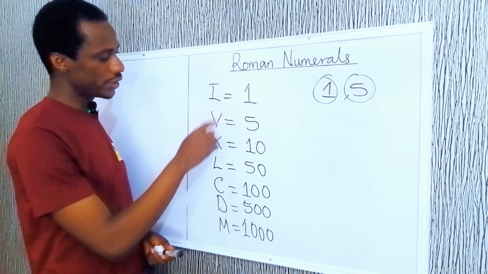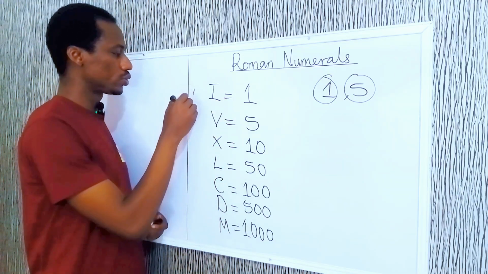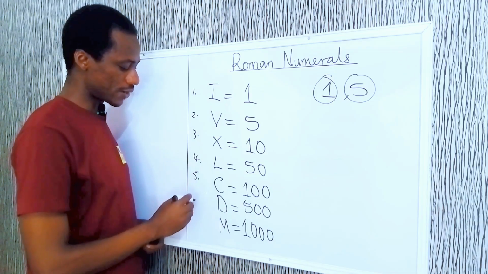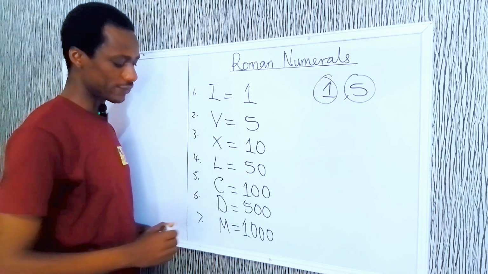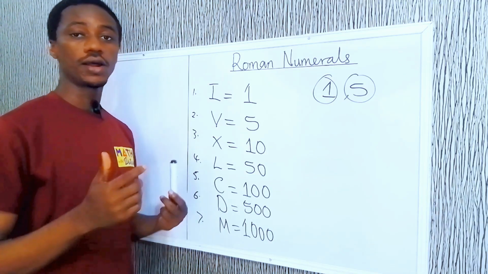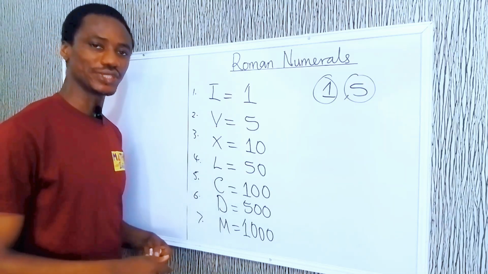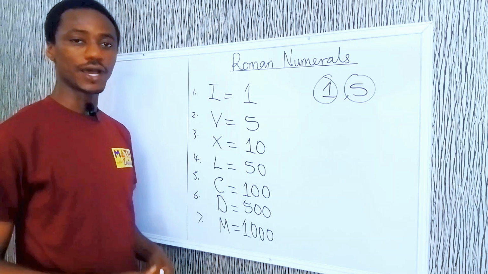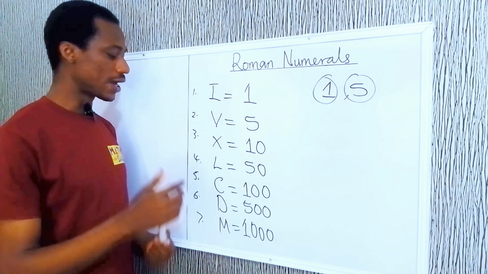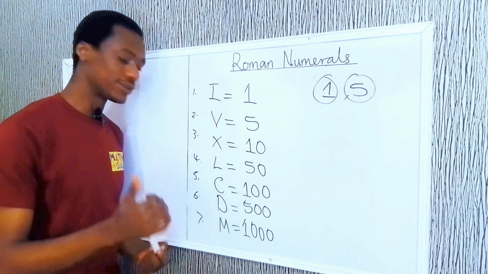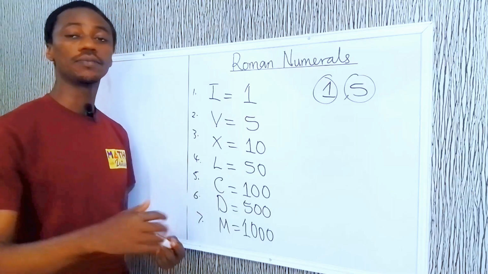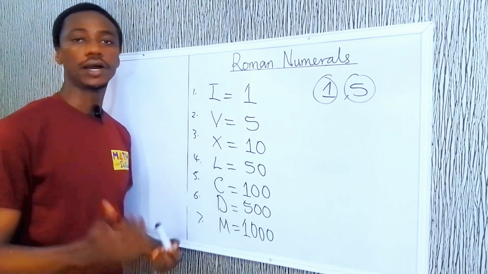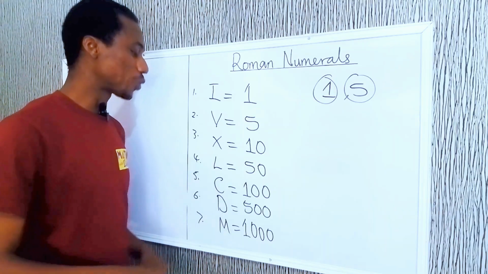But with these 7 letters, we can form our numbers, and that's what we're going to be using in this series. So I is 1 and V is 5, X is 10 and L is 50, C is 100, D 500, and M 1000.